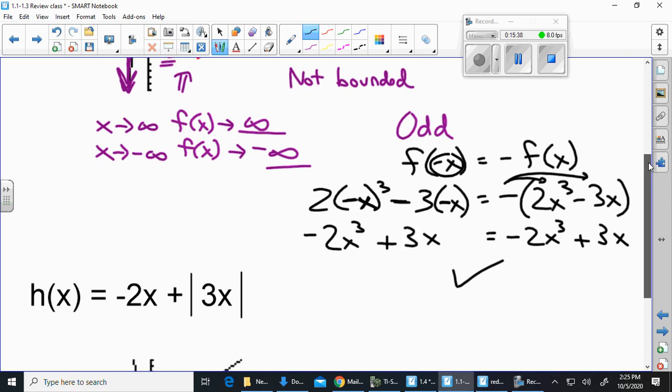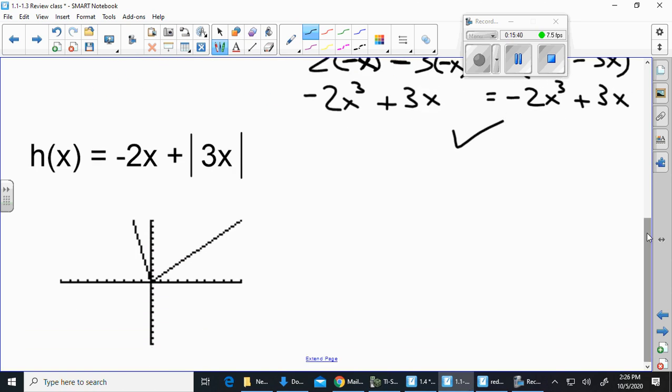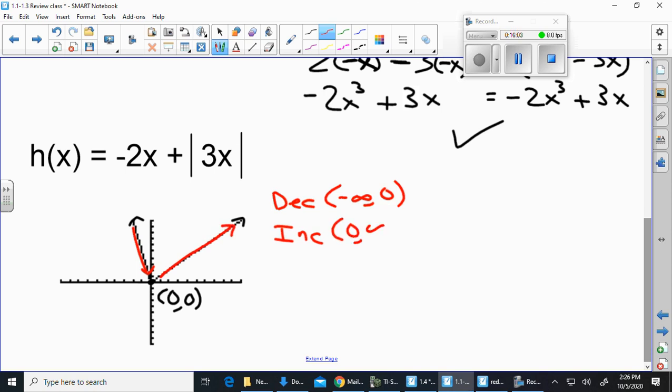This last one, same idea. Absolute value of 3x added to negative 2x. You find that that min is 0, 0. Same things, I could say decreasing from negative infinity to 0. Then it's going up from 0 to infinity. Extrema, a min of y equals 0 at x equals 0.